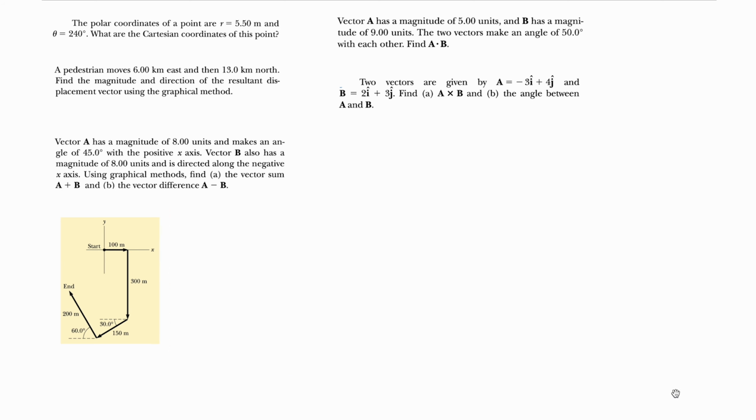So our next question. Vector A has a magnitude of 8 units and makes an angle of 45 with the positive x-axis. So let's put our coordinate system right here. Our positive x-axis is this. It makes a 45 degrees angle.